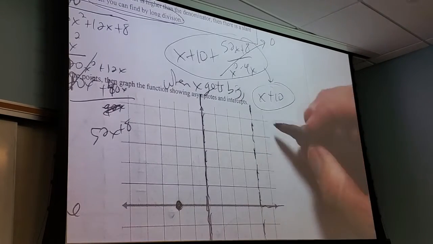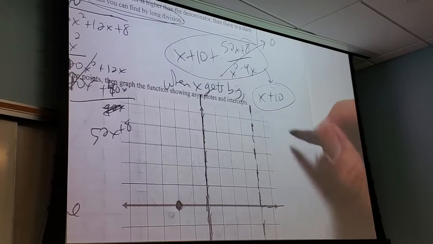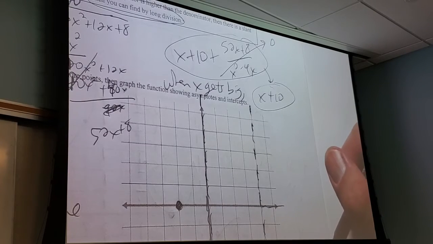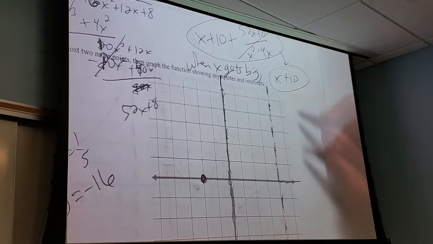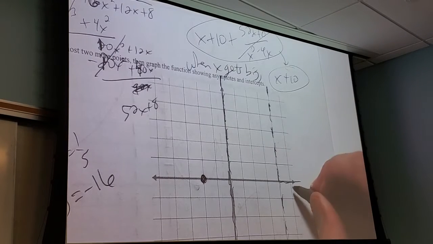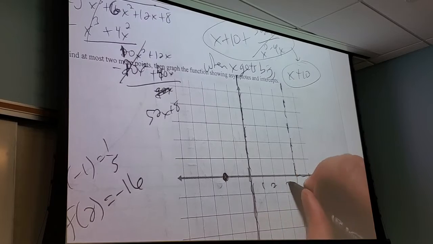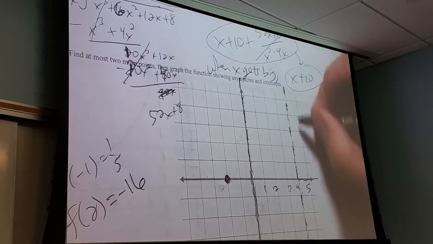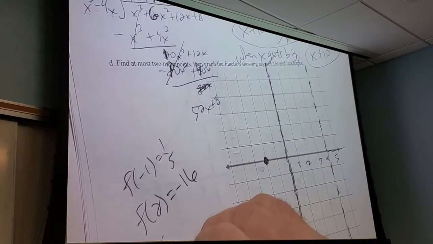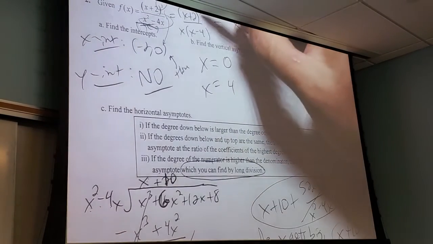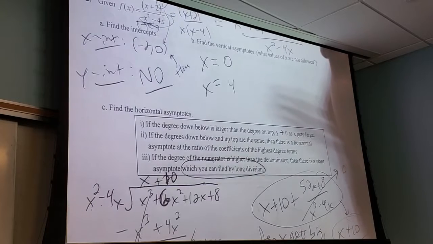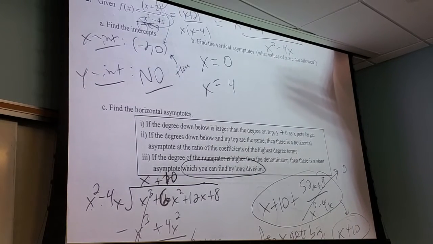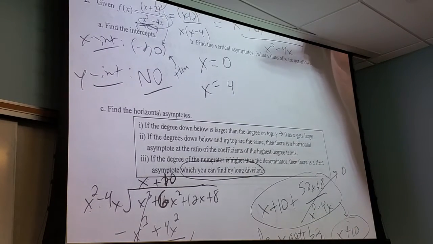And then finally, I got this region out here, right? So what should I plug in to figure out this region? I should plug 5 in, right? Let's see, 2, 3, 4, 5. If I plug a 5 in, I can see where this thing is. I'm going to get something insane. 7 cubed.